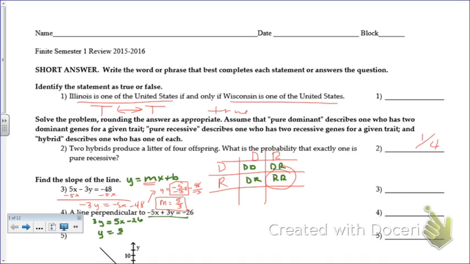That gives me y equals 5/3 x minus 26 over 3. So the slope of the given line is 5/3. The slope of a line that's perpendicular to that is the opposite reciprocal, so it's going to be negative 3/5. And that's all we needed, was the slope of the line.